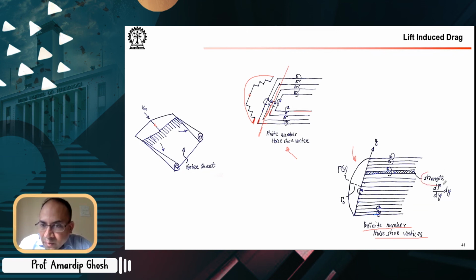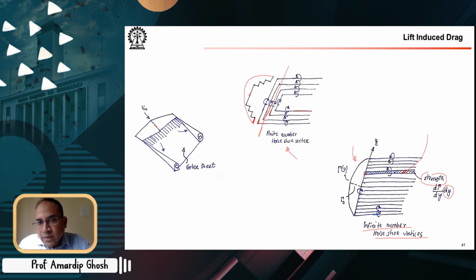The strength of a vortex filament or vortex tube is nothing but the rate at which the circulation is changing multiplied by the extent over which this filament extends. Okay, because that strength of that vortex tube has to be brought into this trailing vortex, the contrail.